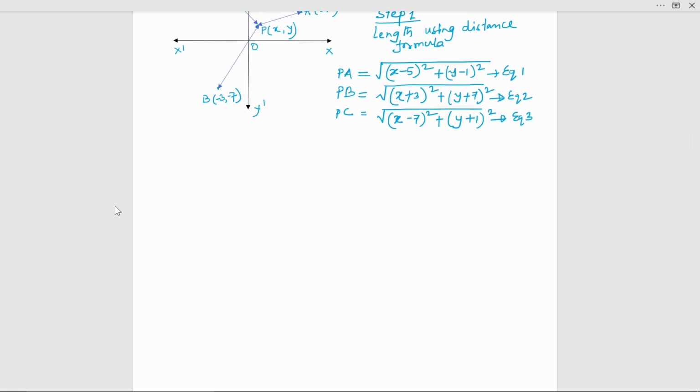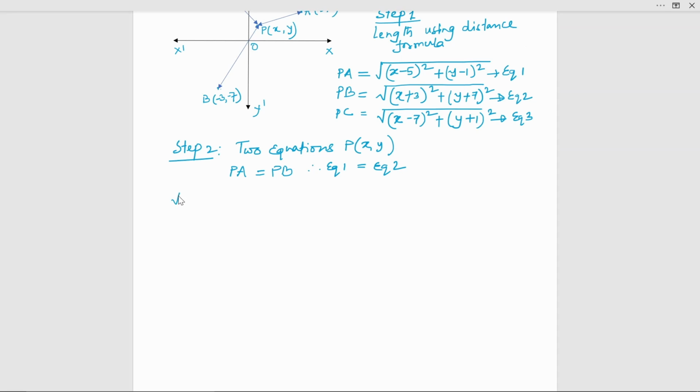Now in step 2, we need to find two equations basically. Why do we have to find two equations? Because point P has variables x and y. So how will we find them? First we'll equate PA equal to PB. Therefore equation 1 is equal to equation 2.